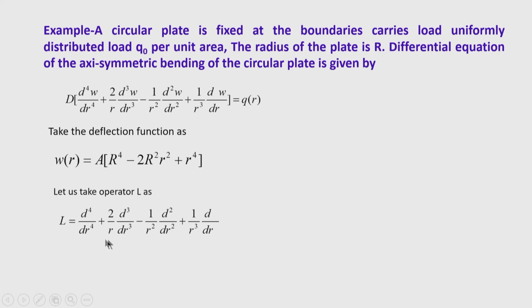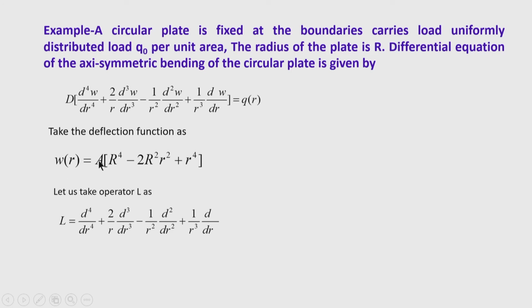Once you know this operator, the deflection surface of the fixed circular plate can be assumed like that. You can verify that this expression can represent the deflection surface, because it satisfies the clamped edge condition. At the clamped edge, w is 0.